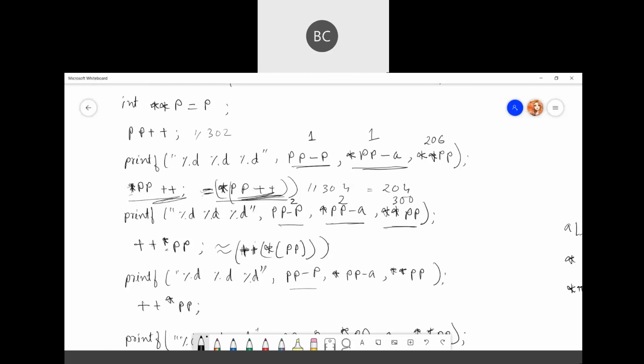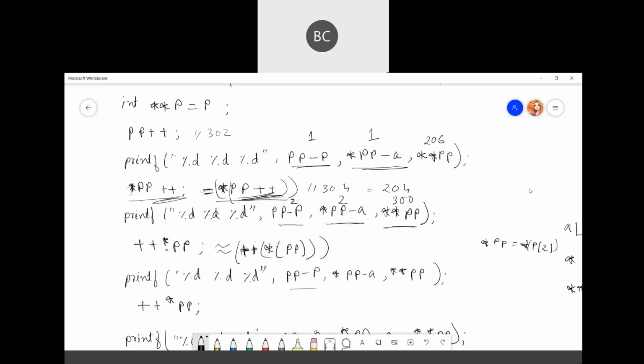Now after this line, our PP was 304, right? And our double pointer P was 204. So now we have to find the value of pointer PP equal to pointer P2.